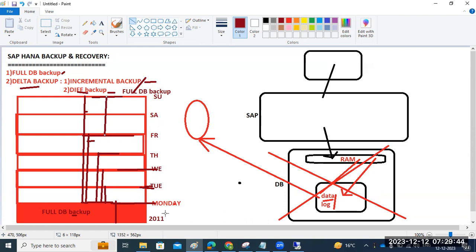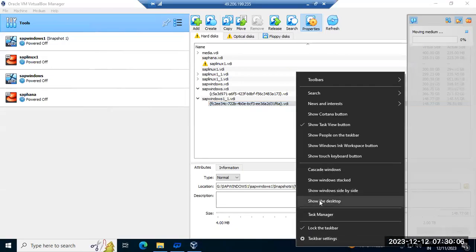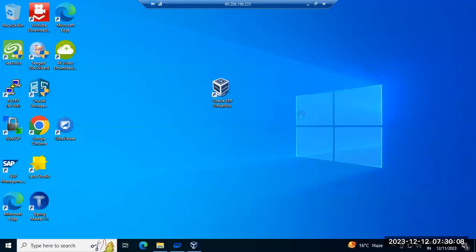For differential backup, to restore you require one full database backup and one differential backup, that's it. For incremental backup, you require one full backup and then all the subsequent incremental backups. That is the main thing.